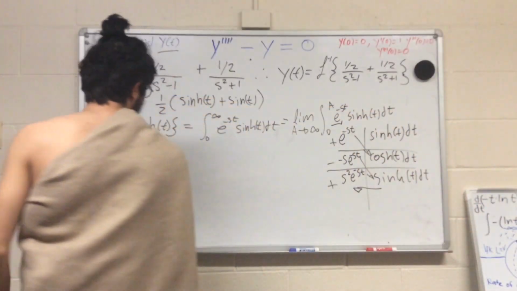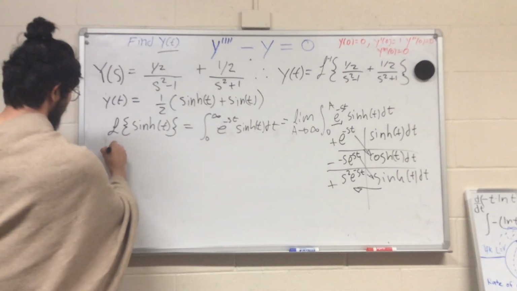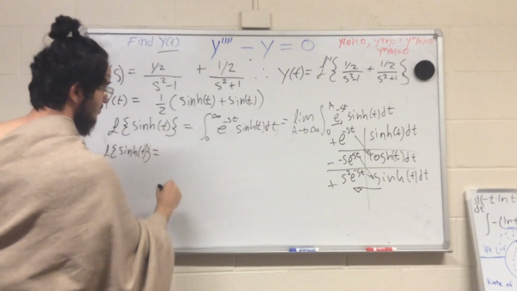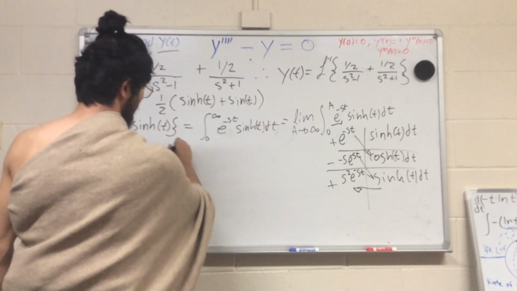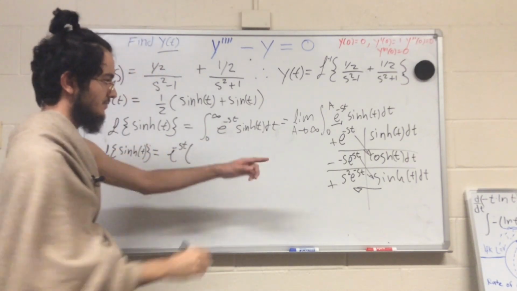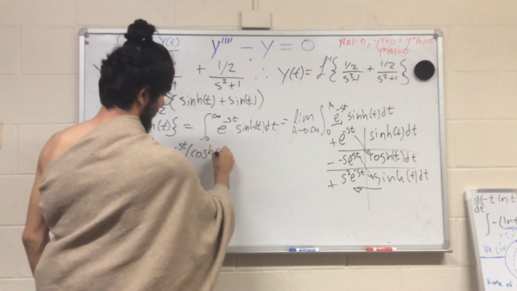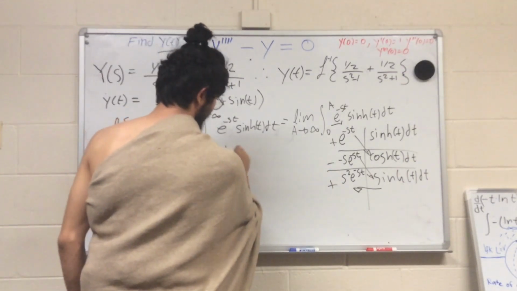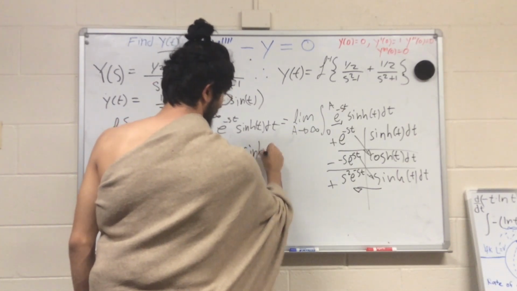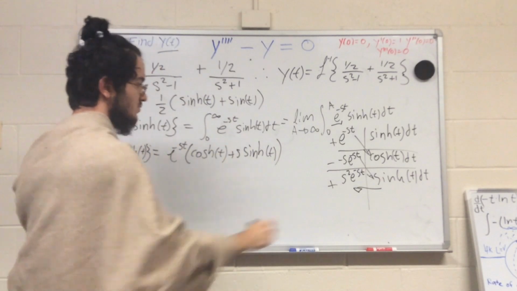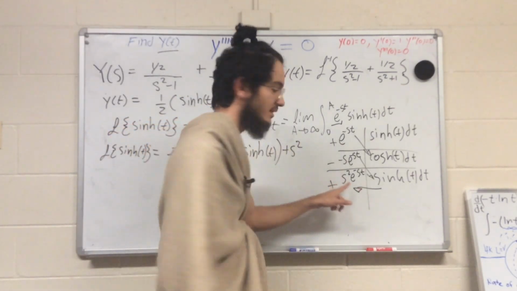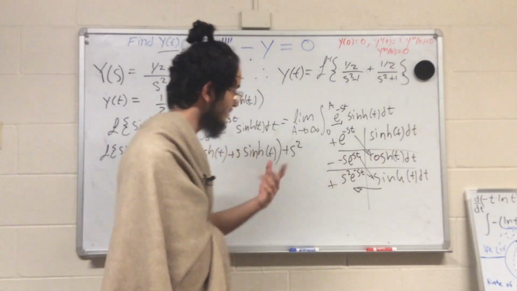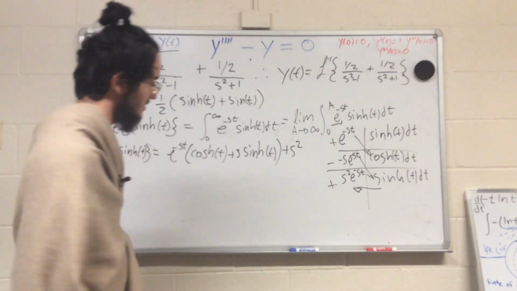So therefore we have that the Laplace transform of sinh of t equals e to the minus st, which we can factor out, times cosh of t plus, since negative times negative is positive, s sinh of t. Of course, we're going to add s squared multiplied by the integral from 0 to infinity of e to the minus st times sinh of t dt, which is nothing but s squared times the Laplace transform of sinh of t.